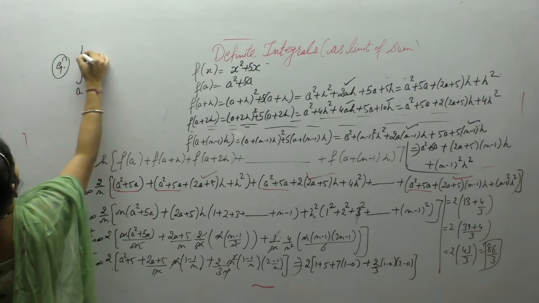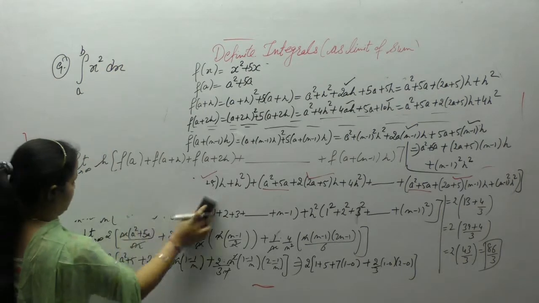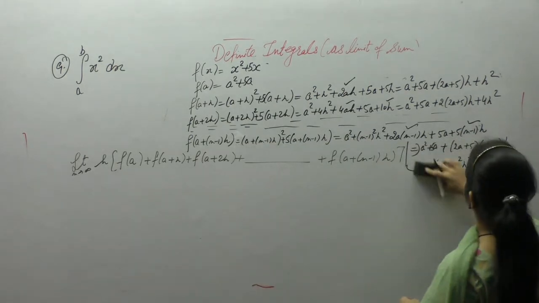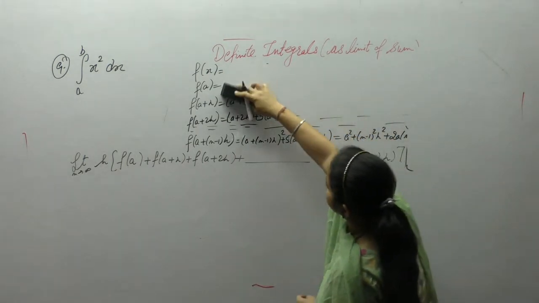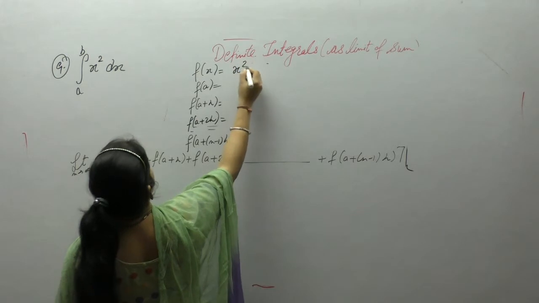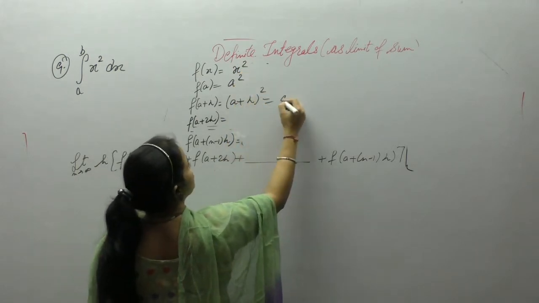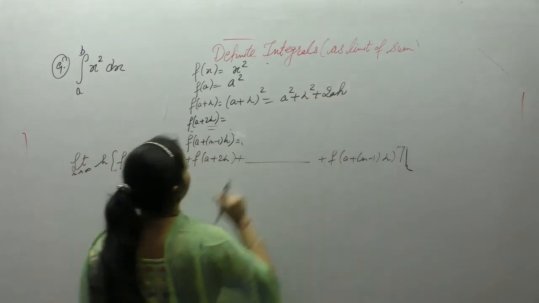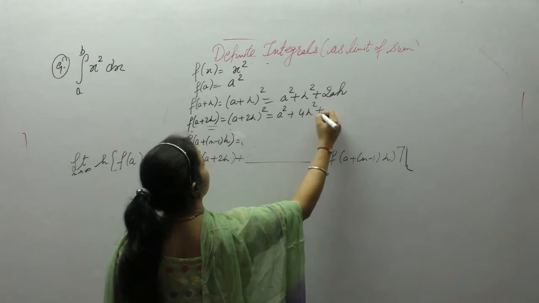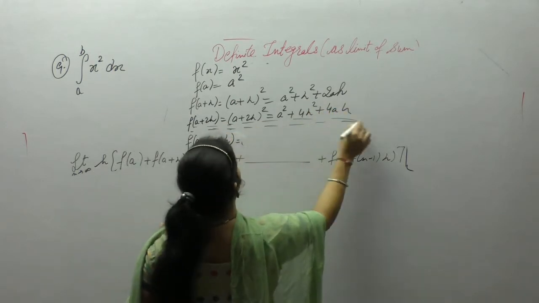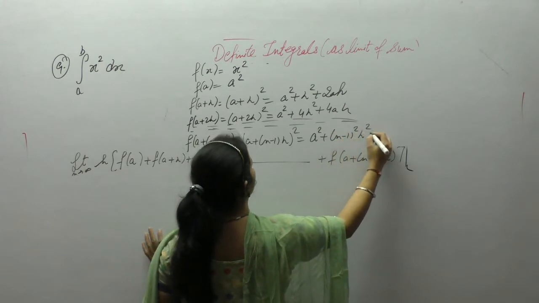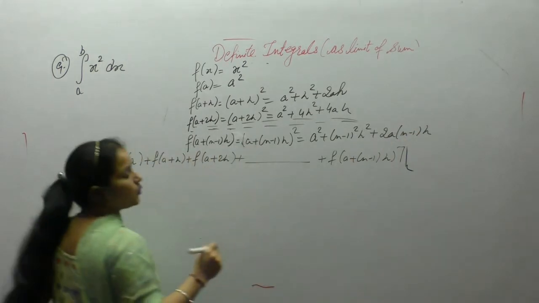Integral of a to b x squared dx. a square, (a plus h) square, (a plus 2h) square, so on, a square plus b square plus 2ab, up to (a plus (n minus 1) into h) square, which is a square plus (n minus 1) square h square plus 2a (n minus 1) into h.